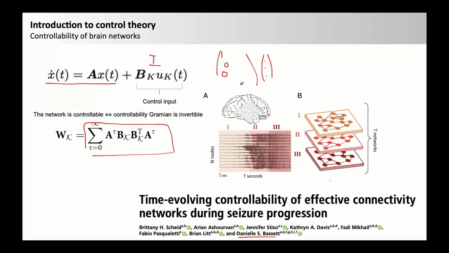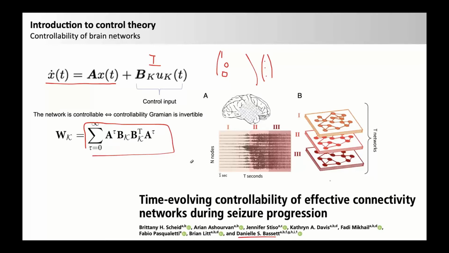We tested for every region whether we can do something to the network, whether we can control the network. So she tested for every region, with a vector B like this, so always the 1 where we have the region. So B simplifies to a vector, and we ask whether the system is then controllable.